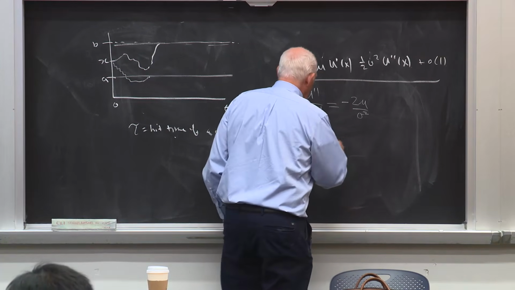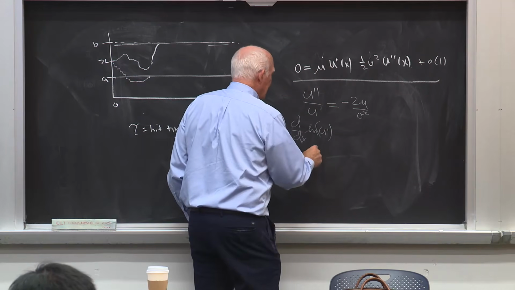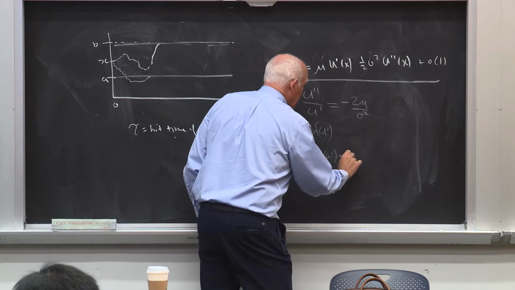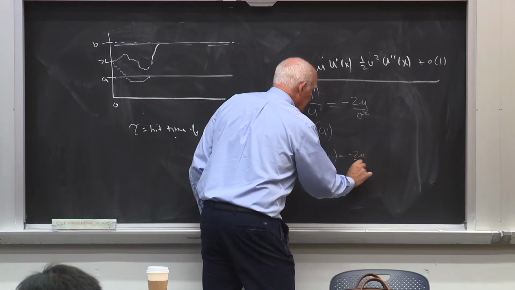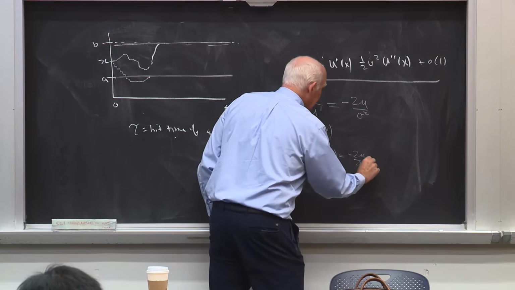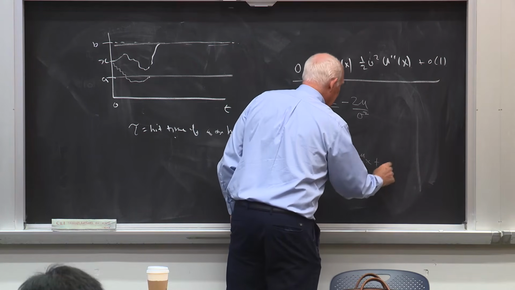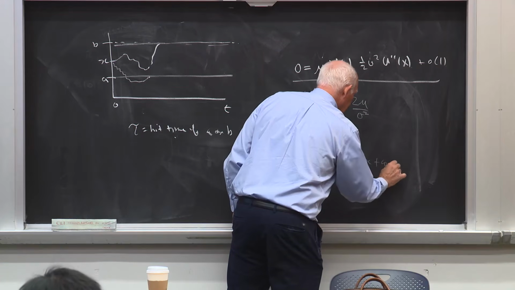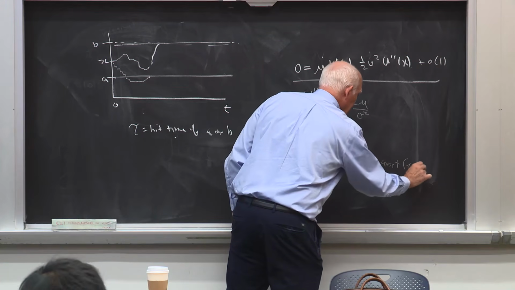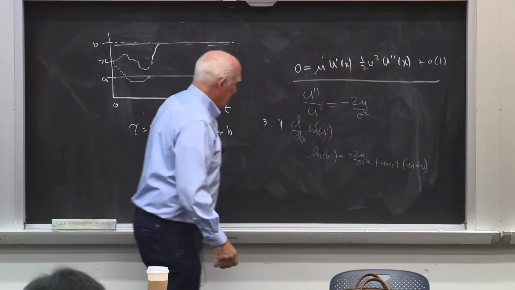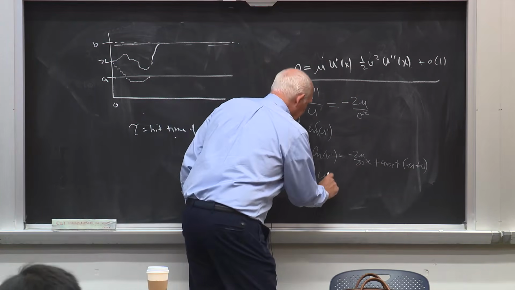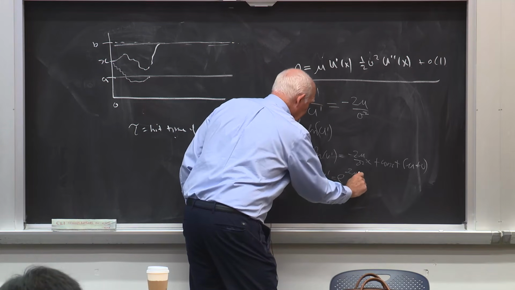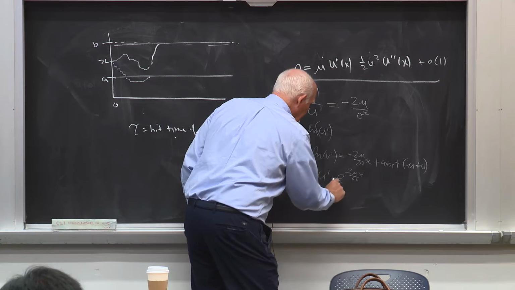And so if we integrate this, we basically get log of u prime is equal to minus 2 mu over sigma squared x plus a constant. And this is true if mu is not equal to 0. And so we basically get that u prime is equal to e to the minus 2 mu x over sigma squared times a constant.